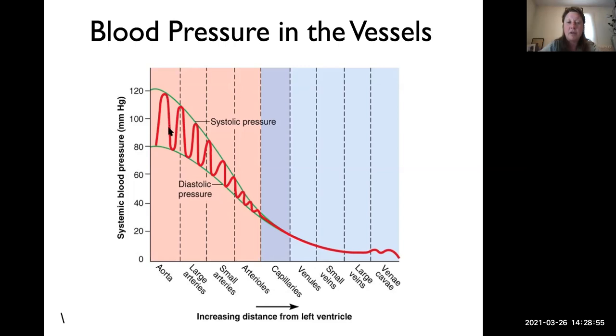As the ventricles relax, the pressure in our systemic arteries goes down. So blood pressure changes with contraction status of the heart. It also changes as we move away from the heart, which is what we were just discussing. The further you get from the heart, the lower the pressure, and that's what keeps the blood moving away from the heart and eventually back to the heart.